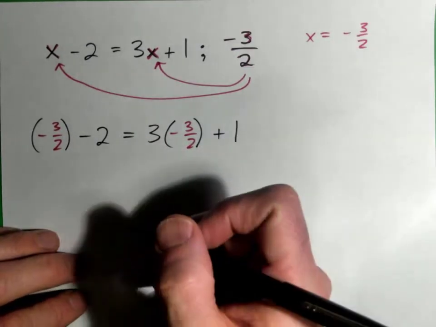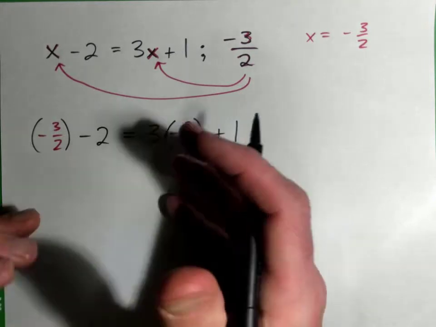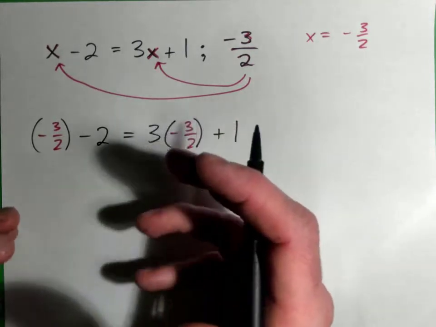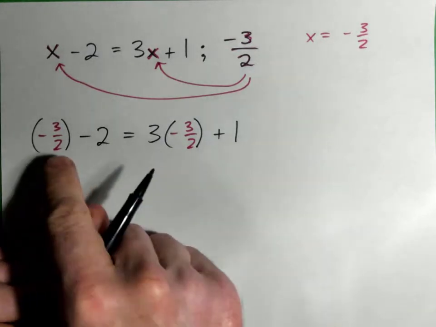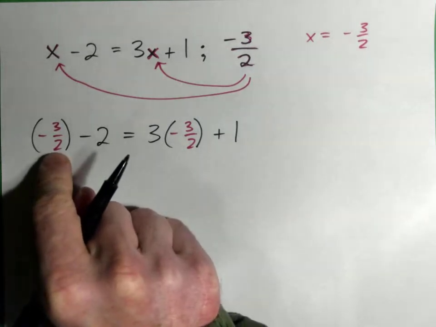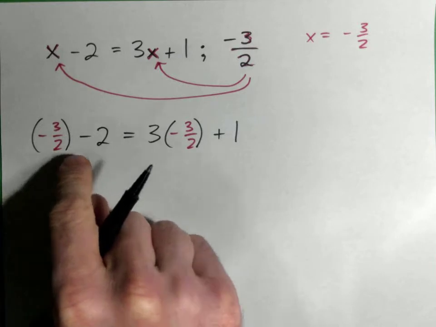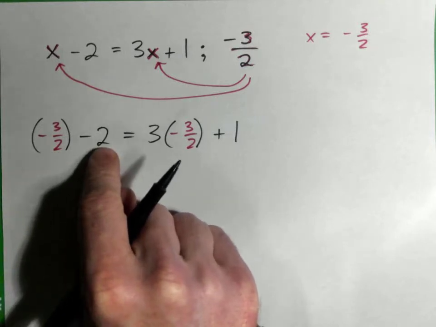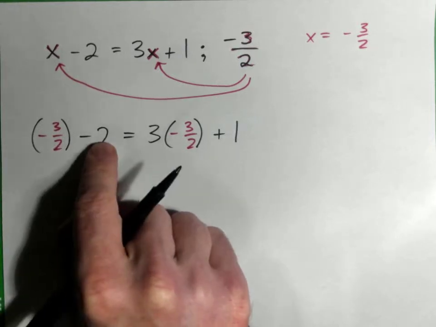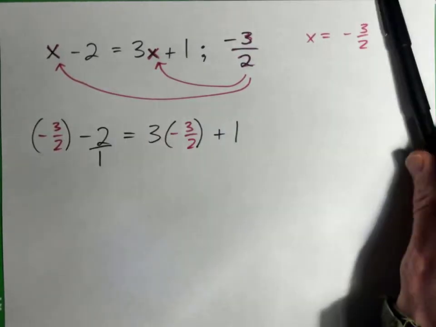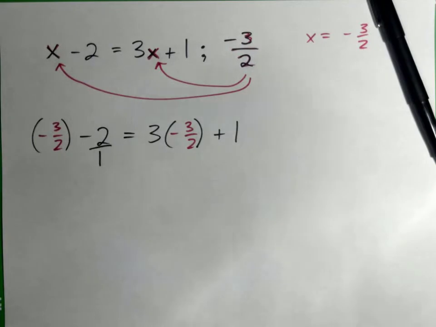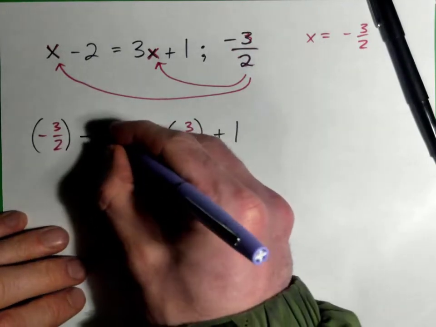So now we're in a position where we've got to add fractions, right? So we've got a denominator of 2 here, but we're subtracting. You've got to turn that 2 over 1 into halves, so you've got to multiply that by 2 over 2.